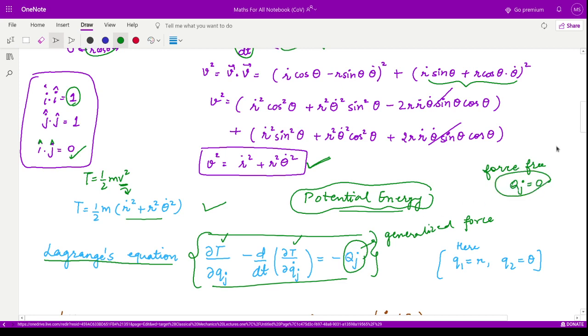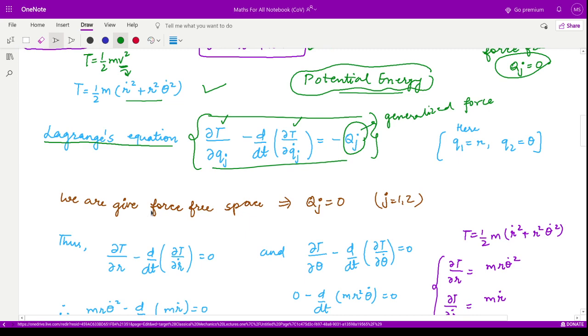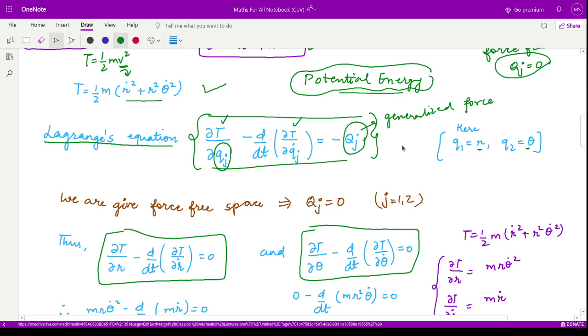So this right hand side would be equal to 0. Because our generalized coordinates are r and theta, first is r and second is theta, we have two corresponding Lagrange equations. One is this and another is this. And the right hand side is equal to 0 because it is given to be a force free space.